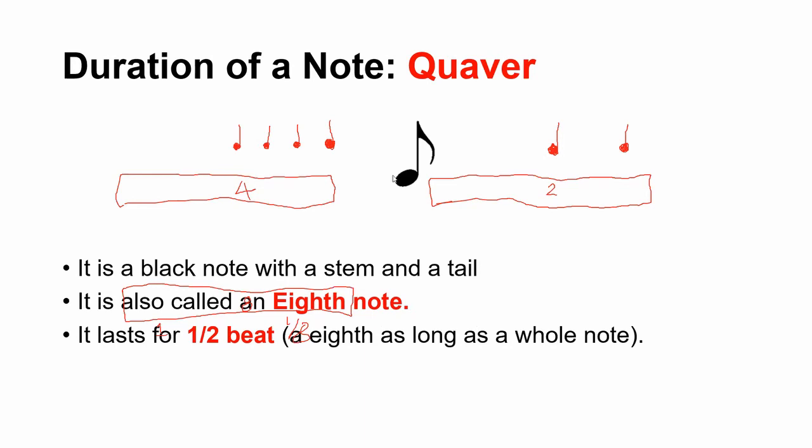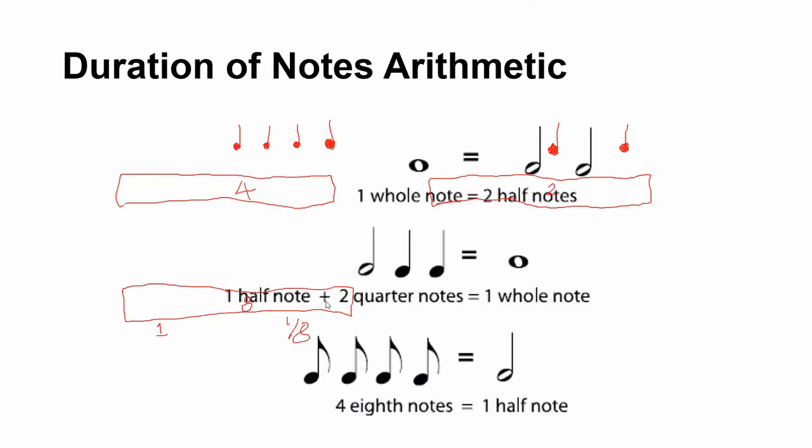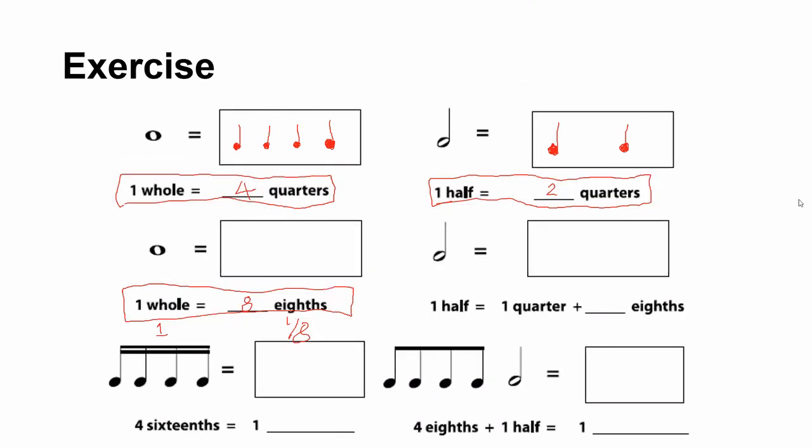It's the black note with the stem. So we need 8 eighth notes to give us 1 whole note. So this is 1 with the stem, 2 with the stem.